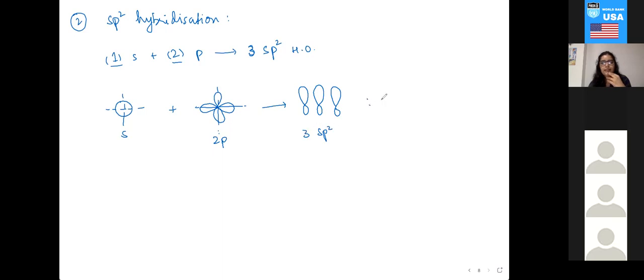If you had to arrange all 3 in a symmetrical way to minimize electron repulsion, what shape will they take? Trigonal planar is correct. One will be like this, the second one will be at 120 degrees, and the third one at another 120 degrees. So the geometry is trigonal planar.